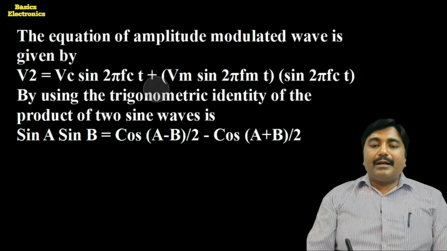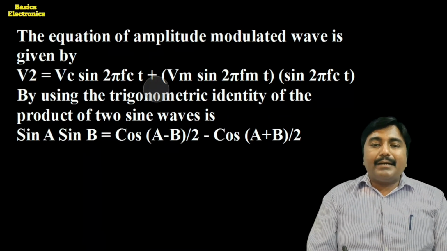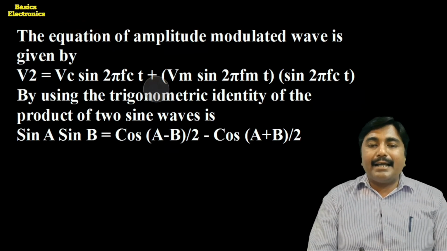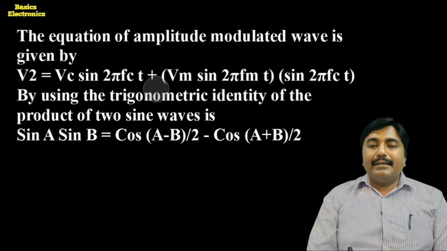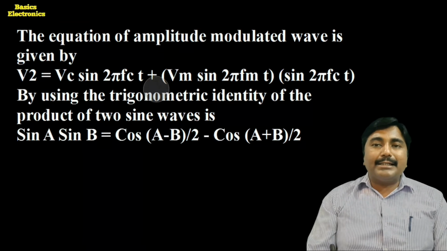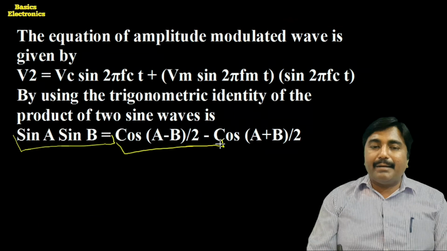If we compare this equation with the trigonometric identity sin A sin B, we get sin A sin B equals cos(A minus B) divided by 2 minus cos(A plus B) divided by 2.